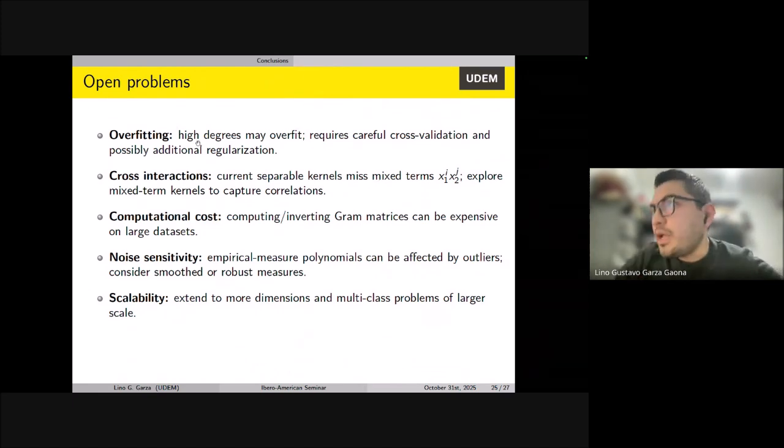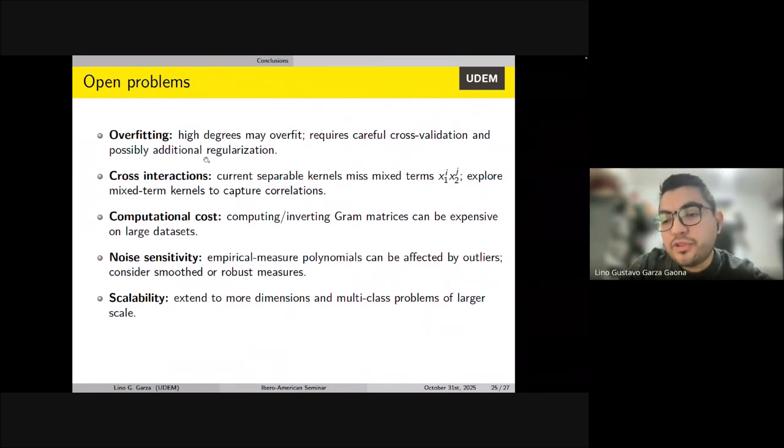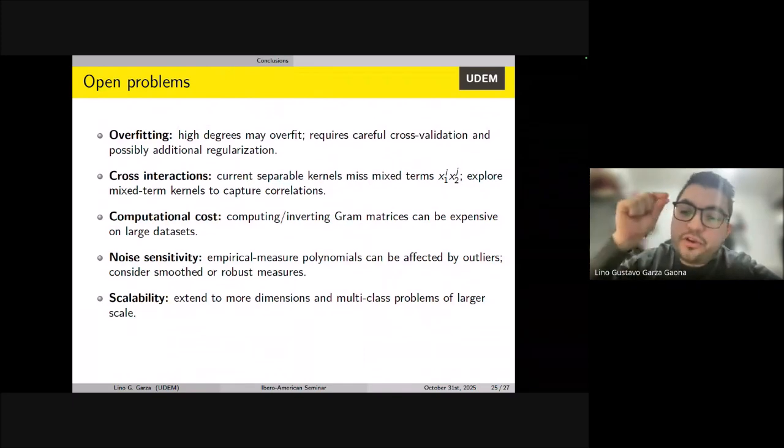Overfitting is always a problem in these machine learning algorithms. We ran some tests to see whether the accuracy of one we obtained was achieved by overfitting, but it turns out it wasn't.